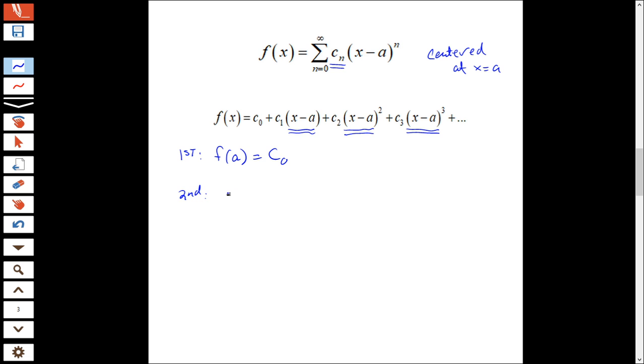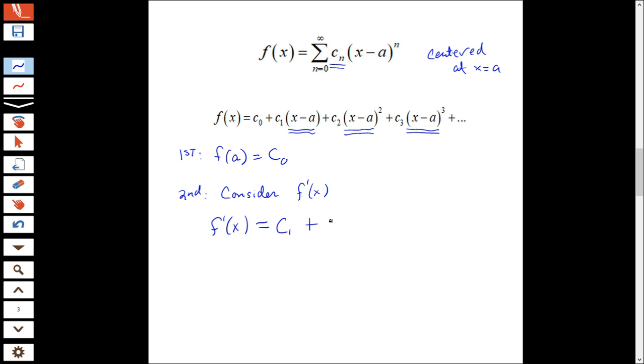Second, consider f prime of x. Well, what is f prime of x? It's the derivative. So the derivative of c sub 0 is going to be 0 because that's just a constant. That's f of a. The derivative of the next term is just going to be c sub 1.